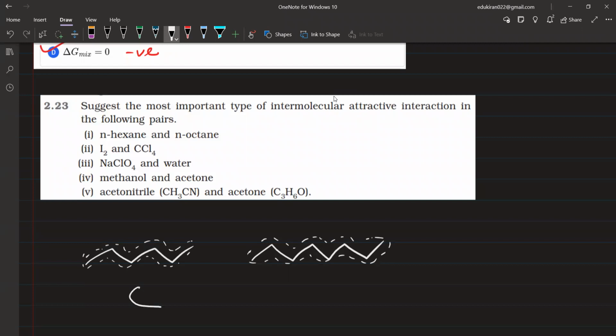I'm taking this as small, and I'm taking this as a bigger entity. All of them are having electron density over them. For a very minute amount of time, what happens? Let us suppose, बहुत ही छोटे टाइम के लिए इलेक्ट्रॉन डेंसिटी इस तरफ ज्यादा हो जाएगी. So relatively, this side will be positively charged.